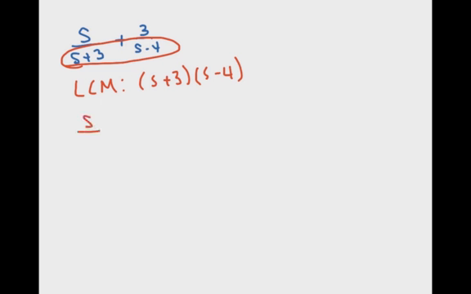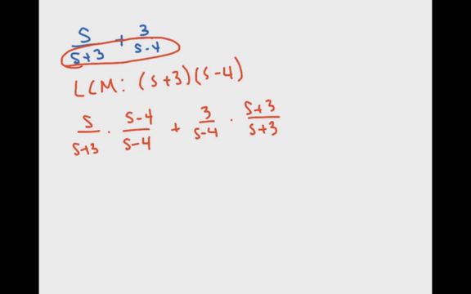So our s over s plus 3, we're going to multiply that by s minus 4 over s minus 4, so that our denominator equals s plus 3 times s minus 4. And we have plus 3 over s minus 4, and multiply that by s plus 3 over s plus 3. Once again, we want our denominator to equal s plus 3 times s minus 4, which is why we multiplied by s plus 3 over s plus 3.